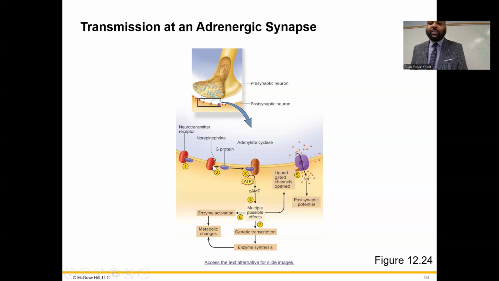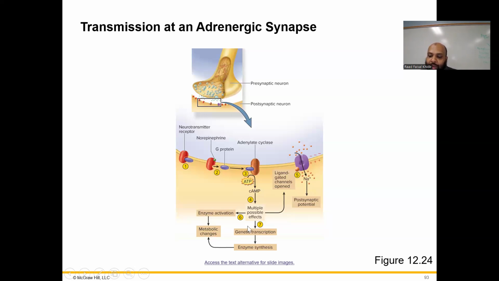Then the G protein is going to detach from the G protein coupled receptor, and then the G protein is going to activate adenyl cyclase. That's the second enzyme, an enzyme on the plasma membrane that causes ATP to be converted into cyclic AMP, cyclic adenine monophosphate. And that's going to cause multiple possible effects: downstream enzyme target effects leading to metabolic changes.